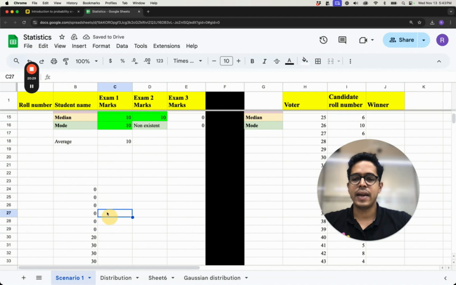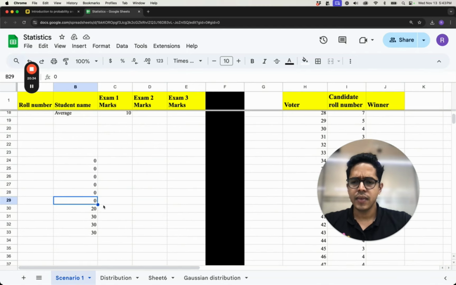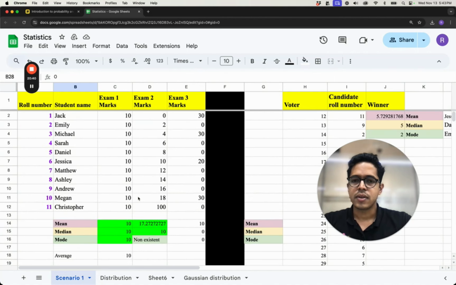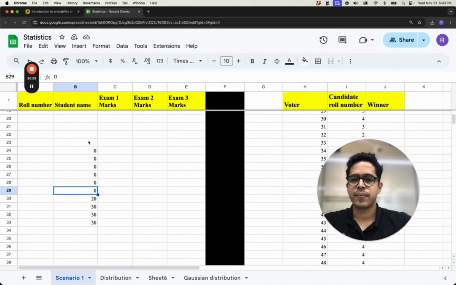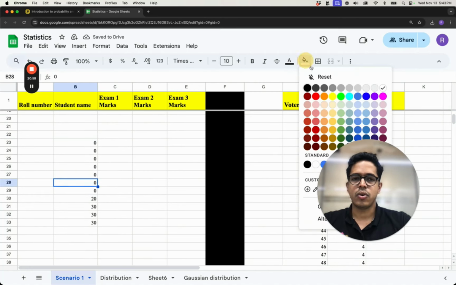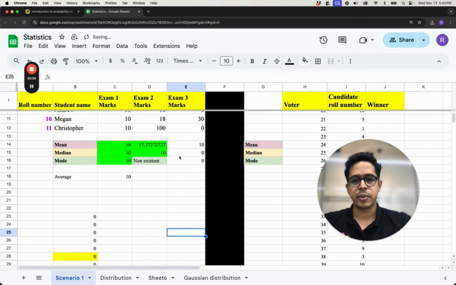And the middle mark, I think this is the middle, right? We have 7 zeros, so we need one more. So the median would be this one. So 0 will be the median of this distribution.